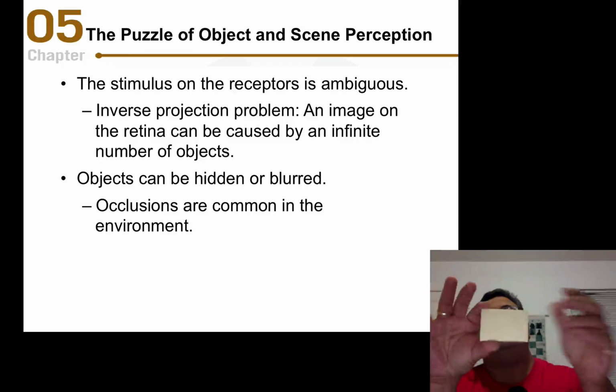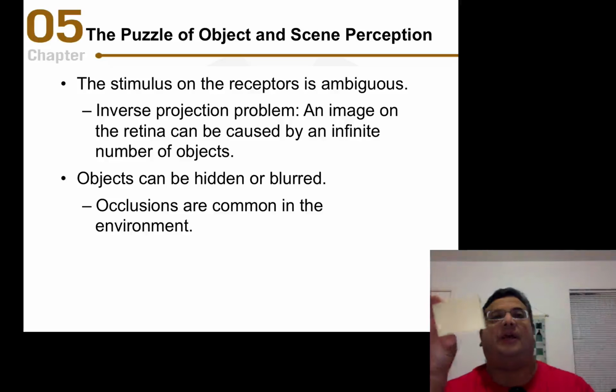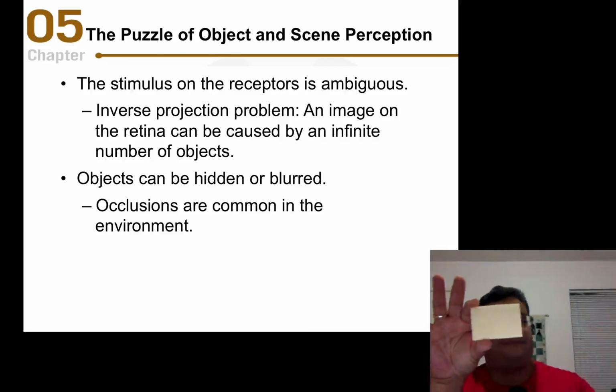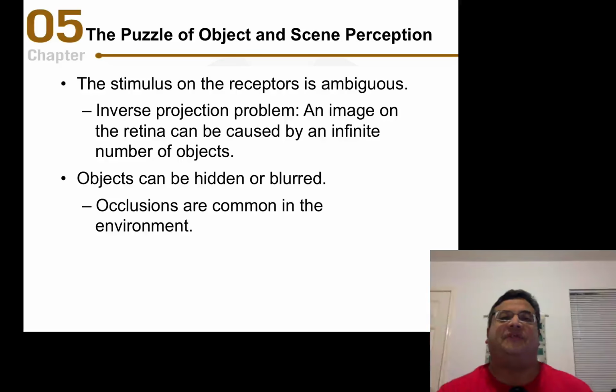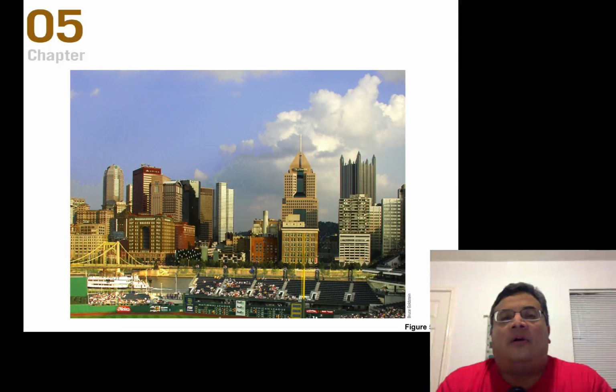This notepad doesn't become half a notepad when I do that, right? Yet we still perceive it as a whole notepad, and day to day we go through our whole ability of recognizing objects that are only half there or blurred. Take this cityscape shot, for example.